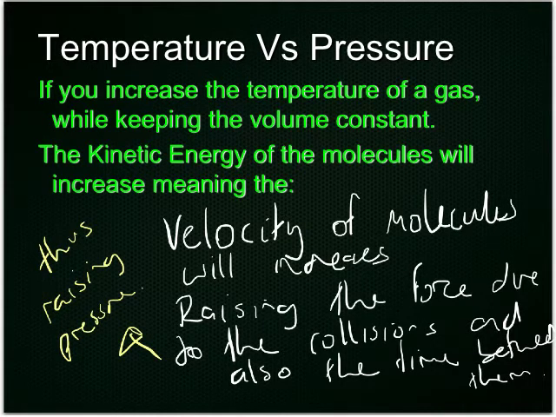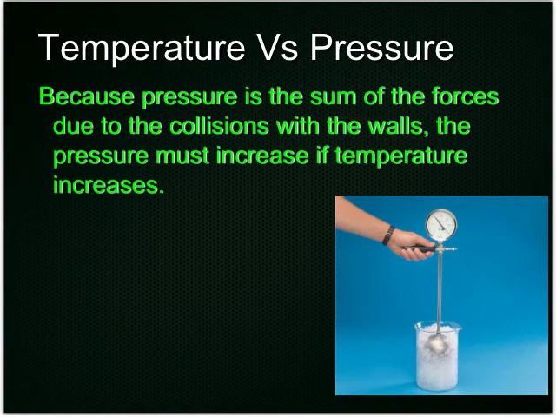So you just imagine the molecules hitting the side a lot harder, and also the time between each collision is a lot shorter, so that means the pressure is much higher. Because the pressure is the sum of the force due to the collisions with the walls, the pressure must increase if temperature increases. Essentially what we said before.